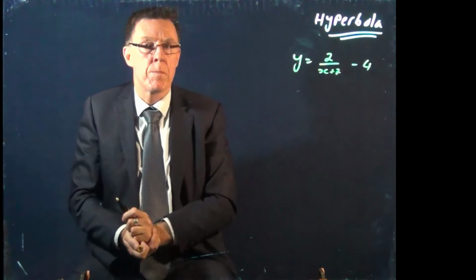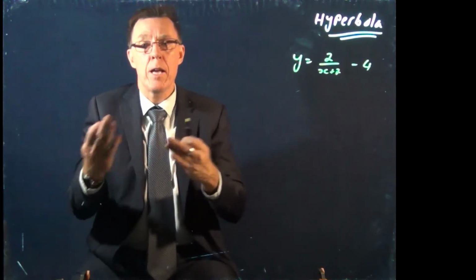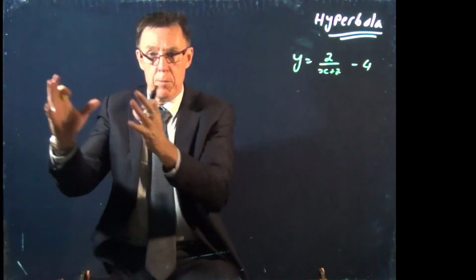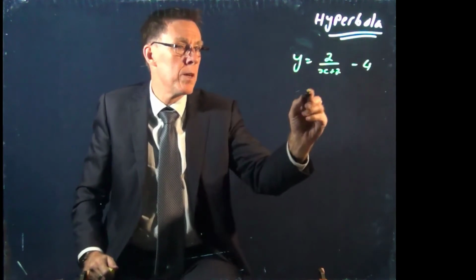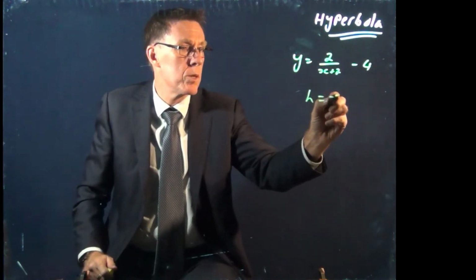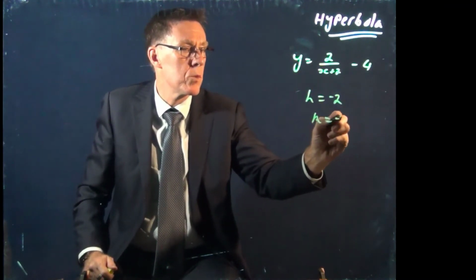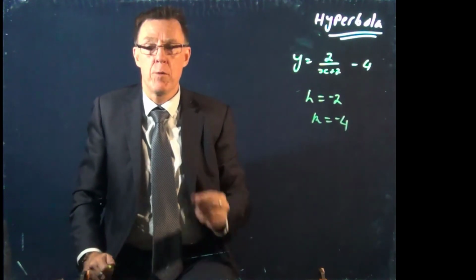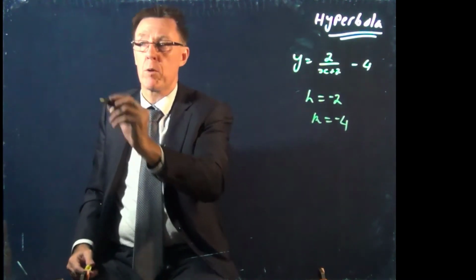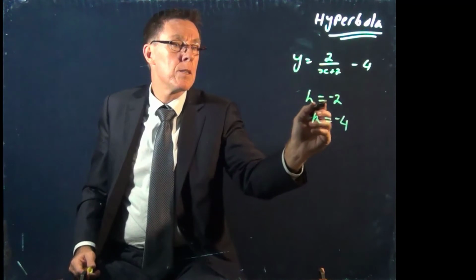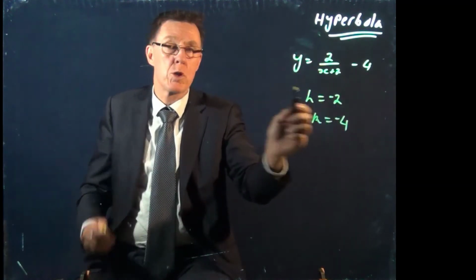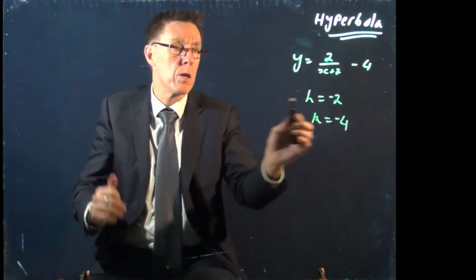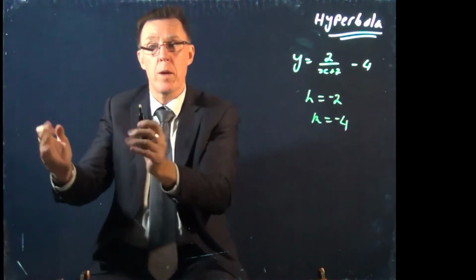So let's draw this. Firstly, let's work out our h and k values so we know how the hyperbola has been shifted around. So h is going to be equal to -2, k is equal to -4. If I start drawing up my graph over here, h is what's going to shift it left and right. So this one's going to shift 2 places to the left.